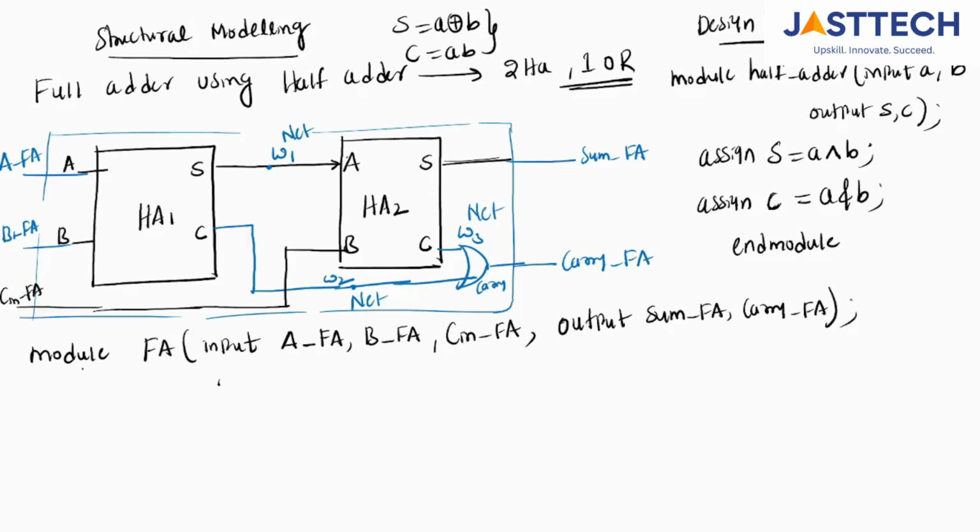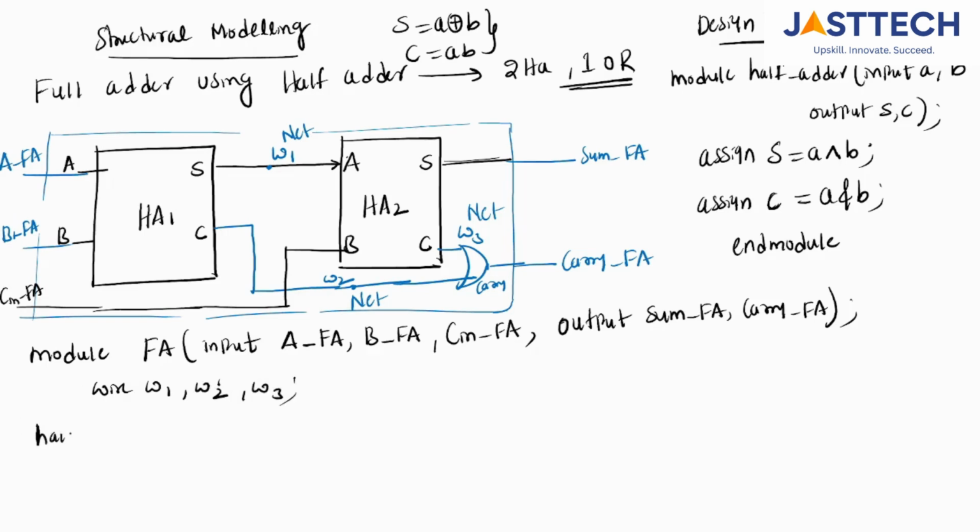And I need to declare the wires. How many internal wires are there? Wire W1, W2, and W3. These are the wire data type.